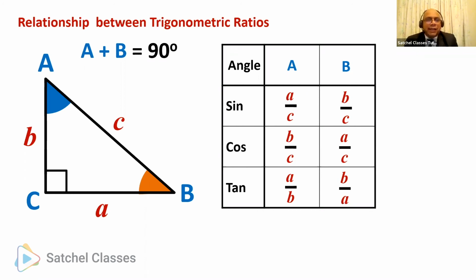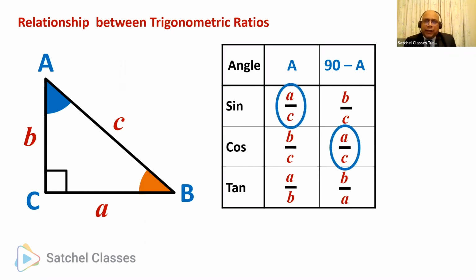Which means angle B can actually be written as 90 minus angle A. So what I'll do is on the table, I'll replace B with 90 minus A, right? Because A and B should add up to 90 degrees. So if one of them is A, the other one will be 90 minus A. Right. Now let's make some observations from the table.